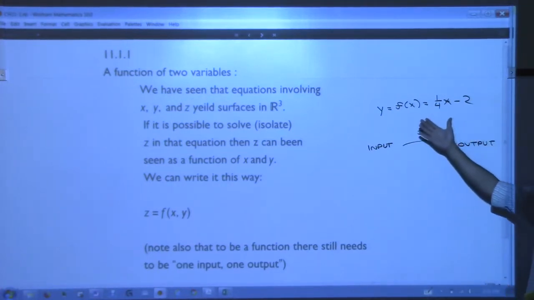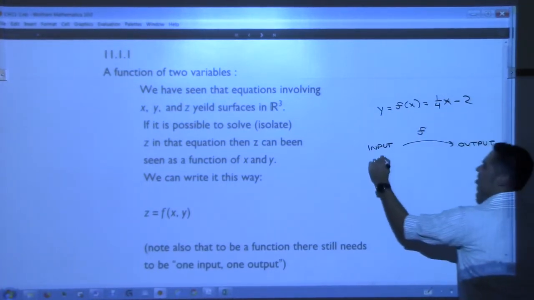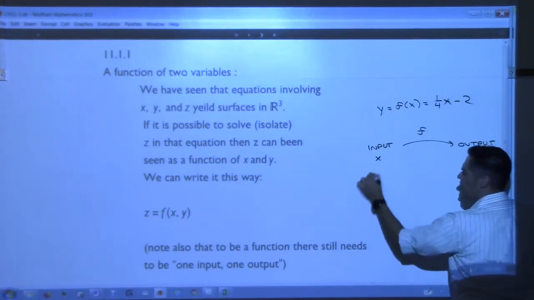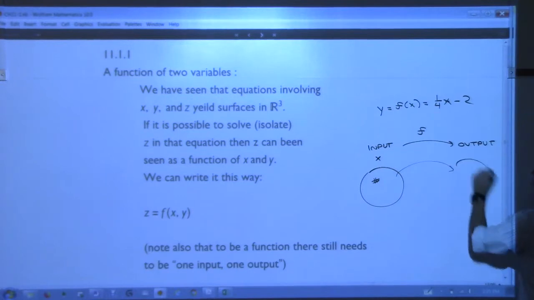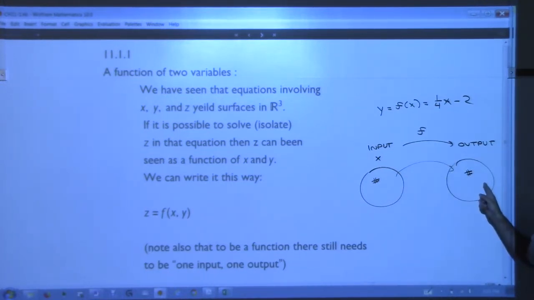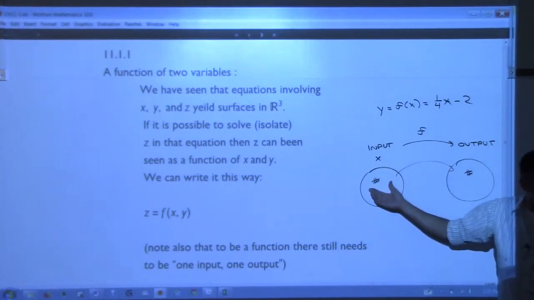That's the idea of the function. The input in this case was x, which was just a number. It got sent through the function and spit out a number, right? So number in, number out. So we said, okay, numbers lie on number lines.